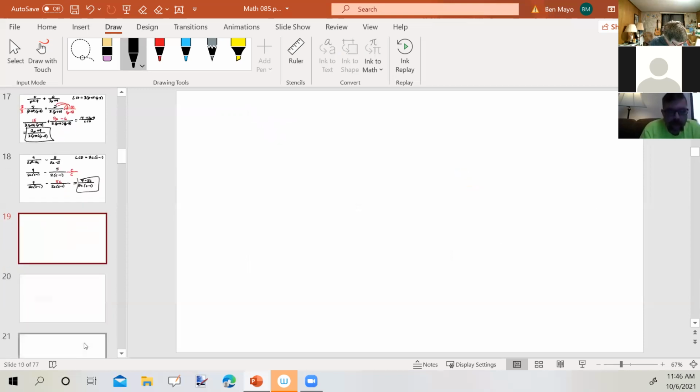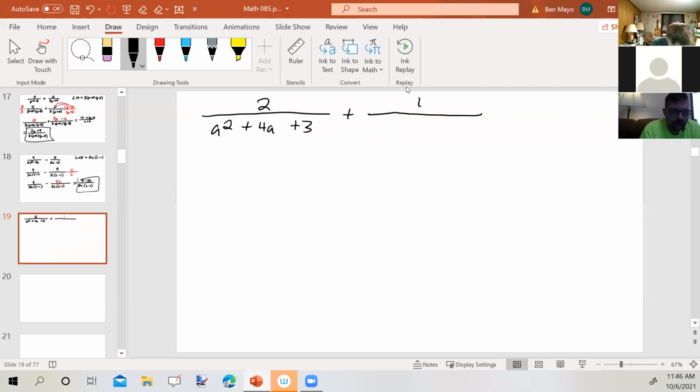Okay. I have 2 divided by a squared plus 4a plus 3, plus 1 divided by a plus 3. To find the least common denominator, I'm going to factor the given denominators. So the first fraction becomes 2 over a plus 3 times a plus 1.